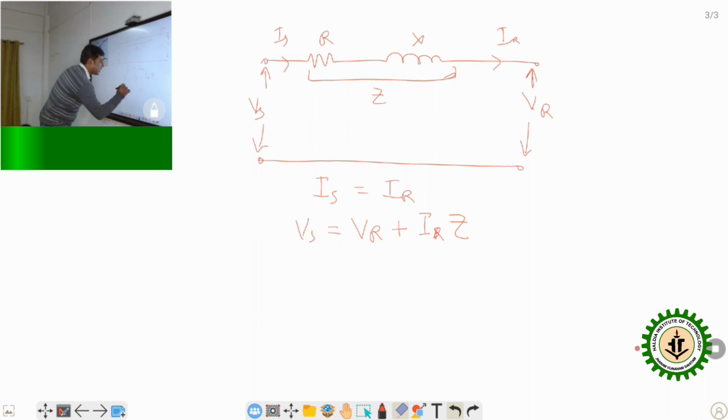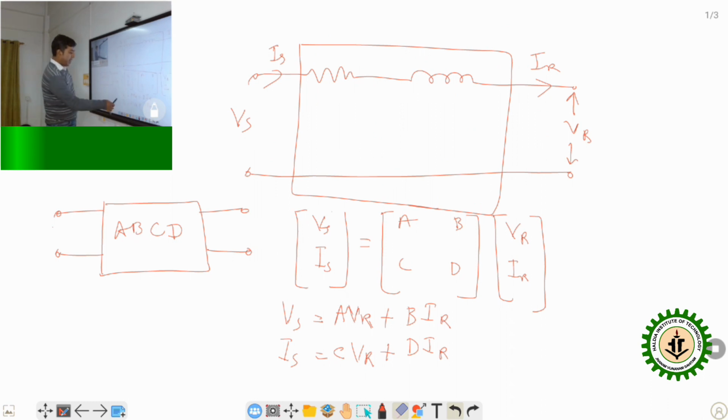What is the value of A? A is 1. What is the value of B? B multiplies IR, so B is your Z. Corresponding here, Is is equal to C VR plus D IR.